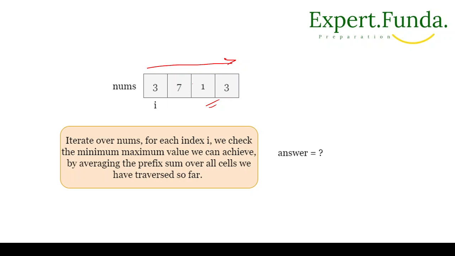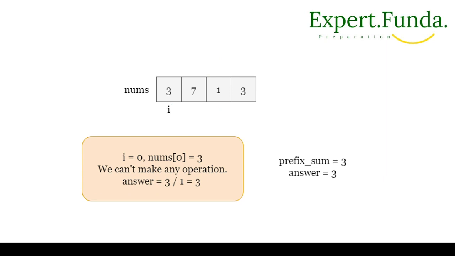So we go to the iteration. First we have I equal to 0, and we find nums[I] is 3, that is nums[0].